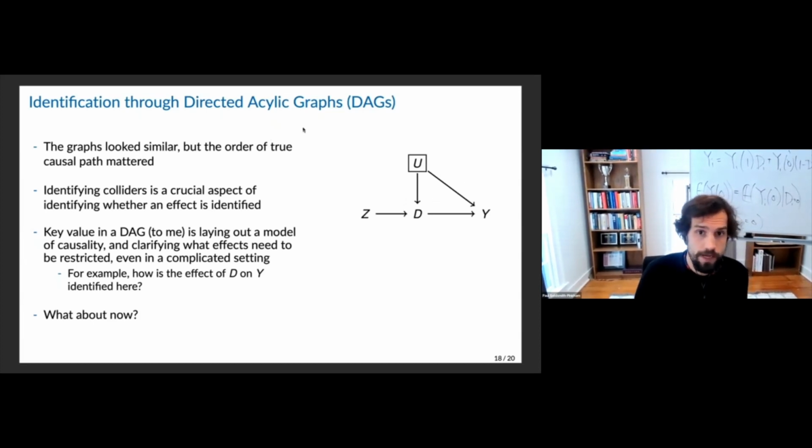So if you've seen IV, for example, you know that under heterogeneous treatment effects, you need something like monotonicity to hold. And so in this setting, we wouldn't be able to identify it. Any questions about that so far?